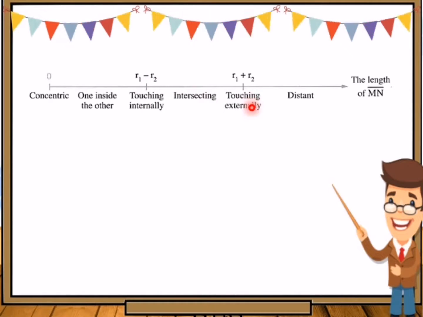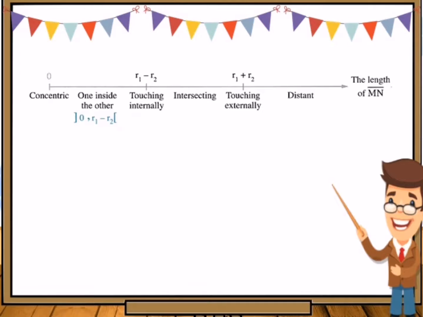Touching externally equals R1 plus R2. And we have cases equal to intervals, like if one is inside the other, then the distance between the centers will be the interval 0 opened to the difference between radii opened.